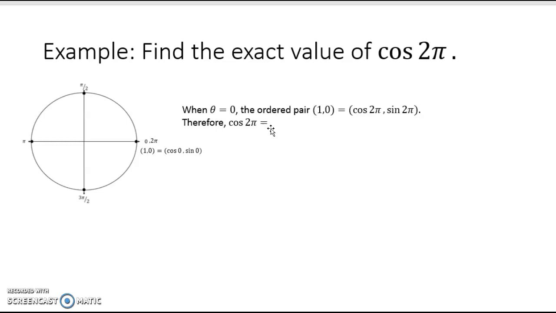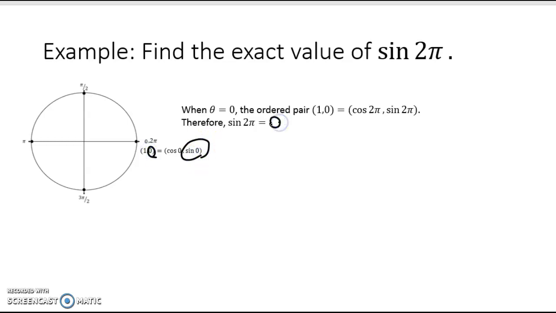If we look for 2 pi, there's not any difference between cosine of 0 and cosine of 2 pi because you end up at the same ordered pair, 1, 0. So cosine of 2 pi is the same thing as cosine of 0, which I look for the first number. So that's just going to be 1. Same thing for sine of 2 pi, but now I'm looking for the second number here.